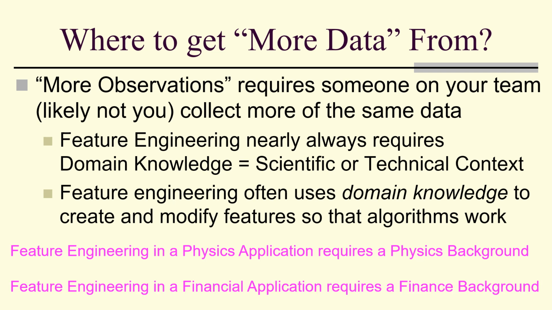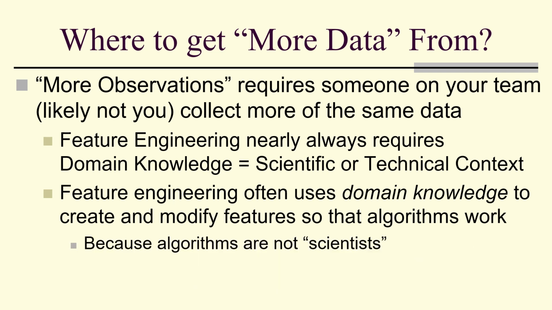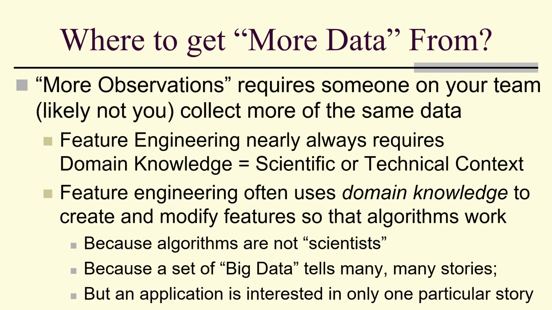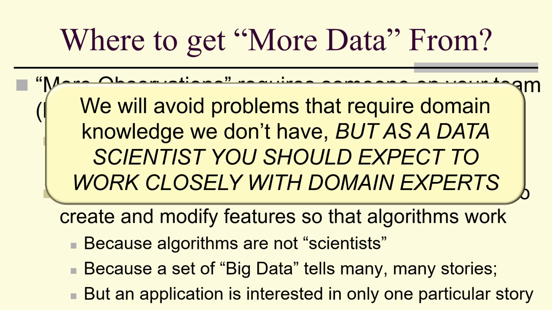In a financial application, somebody's going to need a finance background. Because algorithms are not scientists, and a set of big data tells many, many stories, but your application is only interested in one of those stories. We will avoid problems that require domain knowledge we don't have, but as a data scientist, you should expect to work closely with domain experts.